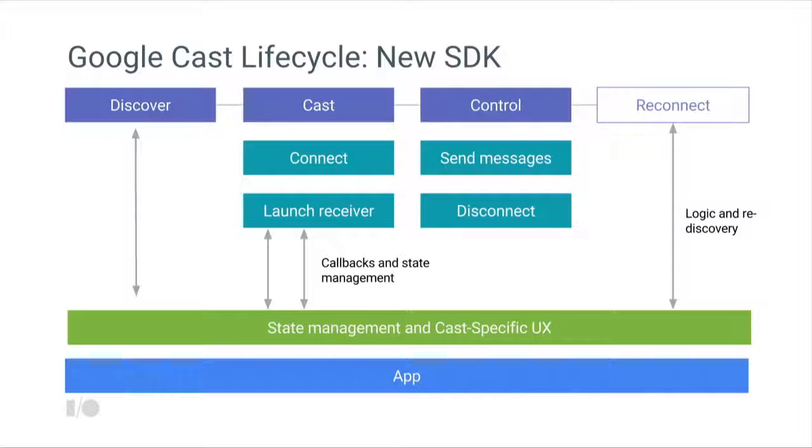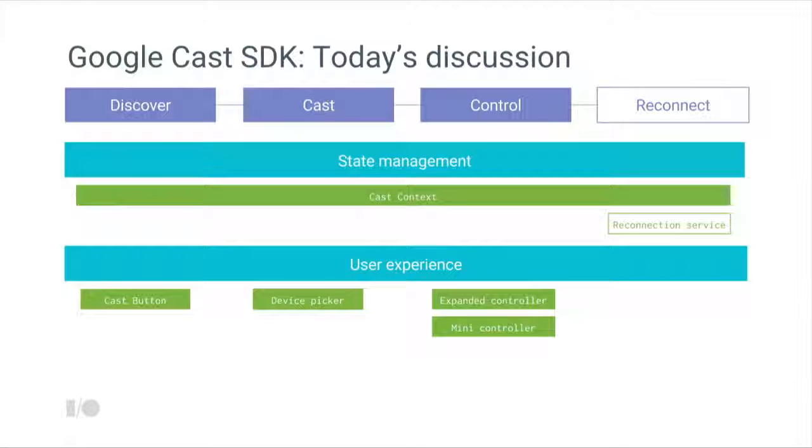So what we've done in this new SDK is implemented a much better abstraction, where Cast handles both the state transitions as well as provides default UX for this very unique type of interaction model between a phone and a larger device. More specifically, we're offering 2 major areas. Again, state management and user experience.